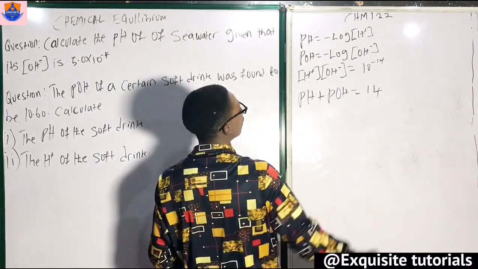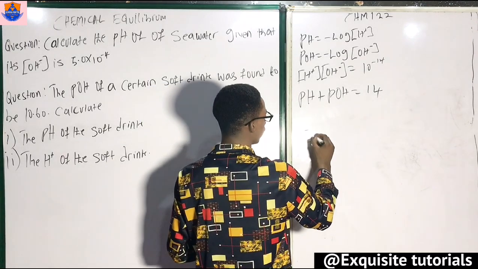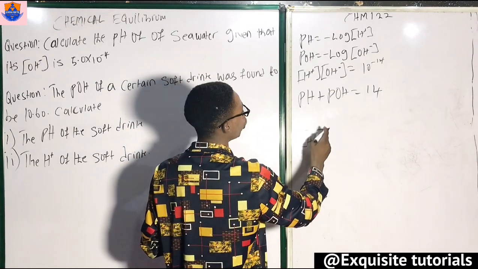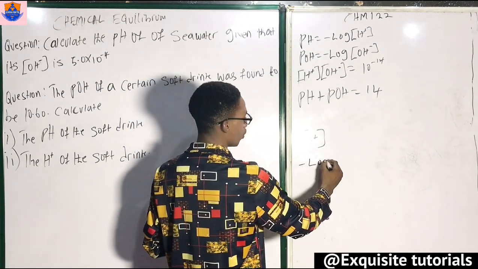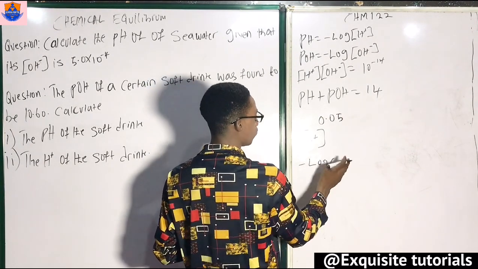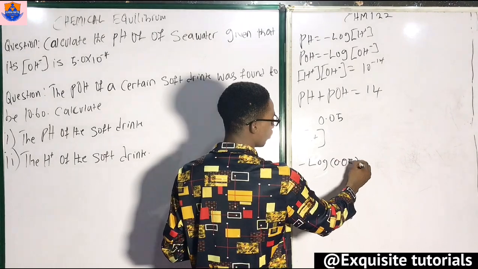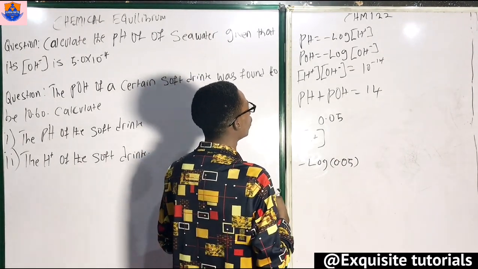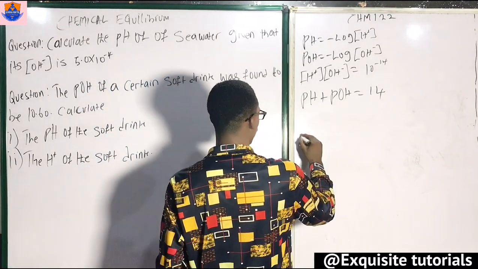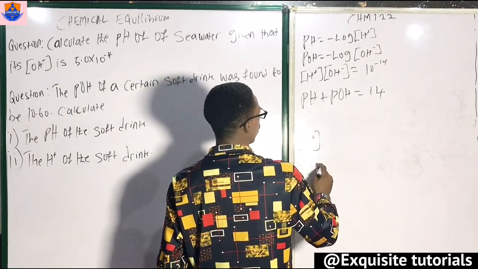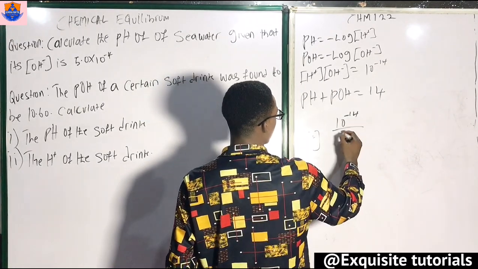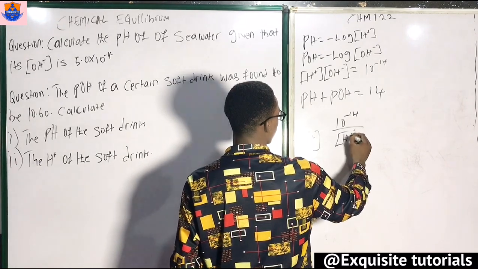If you are given the concentration of hydrogen ion and you are asked to find the pH, you just put minus log of the concentration given. If it is 0.05, you put it here, you get your pH. If you are given the concentration of hydrogen ion and you have to find your OH, you divide 10 raised to the power minus 14 by the concentration given.